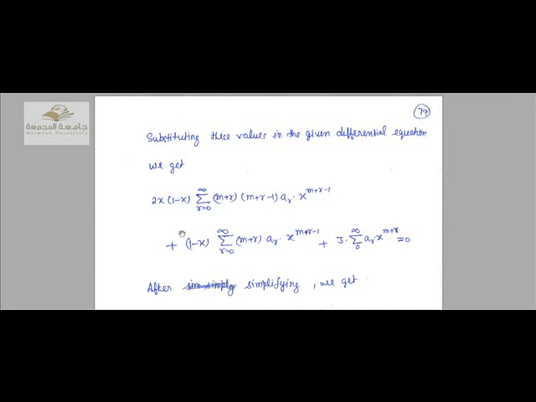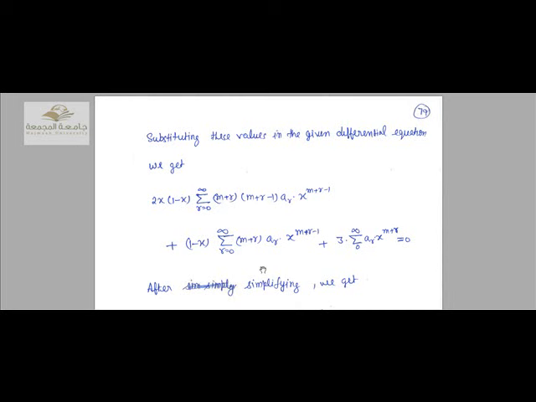2x(1 minus x) summation r is equal to 0 to infinity (m plus r)(m plus r minus 1) ar x to the power m plus r minus 2 plus (1 minus x) summation r is equal to 0 to infinity (m plus r) ar x to the power m plus r minus 1 plus 3 summation r is equal to 0 to infinity ar x to the power m plus r is equal to 0.